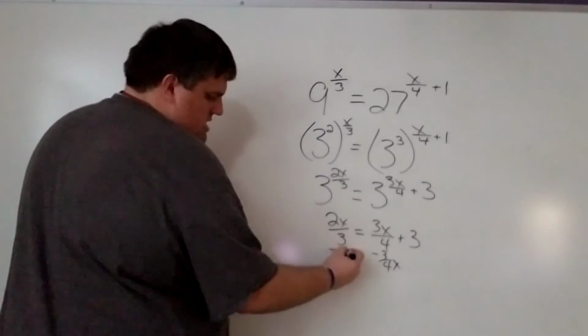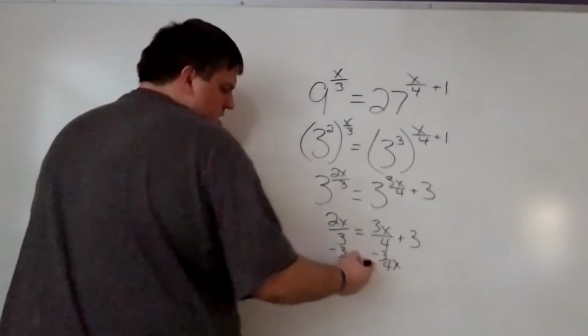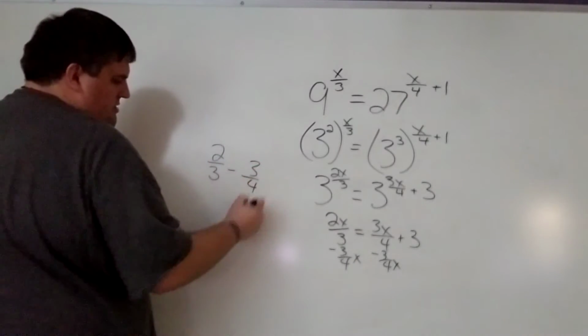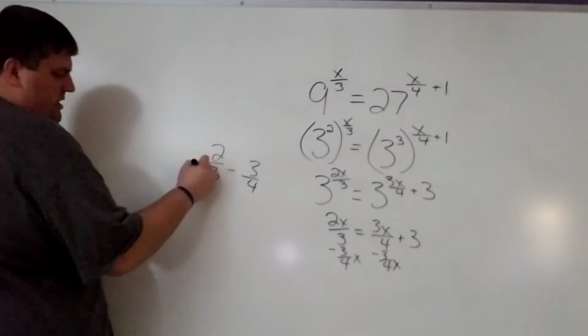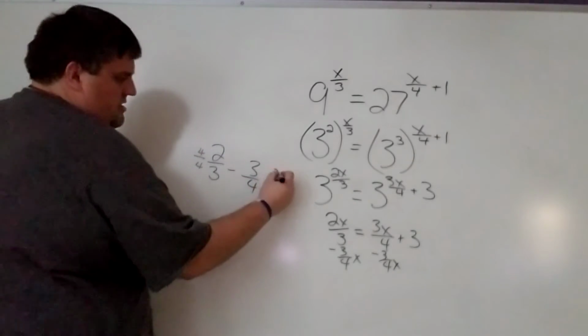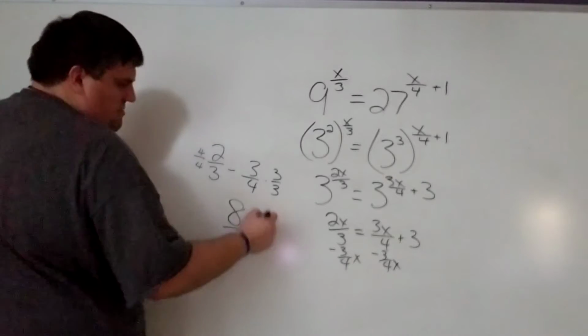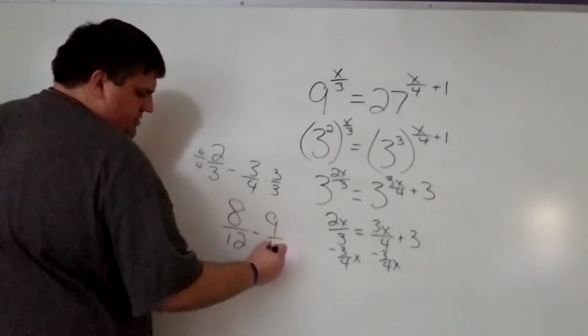Let's see, 2/3 minus 3/4. Make them in 12ths probably. That would be 8/12 minus 9/12.